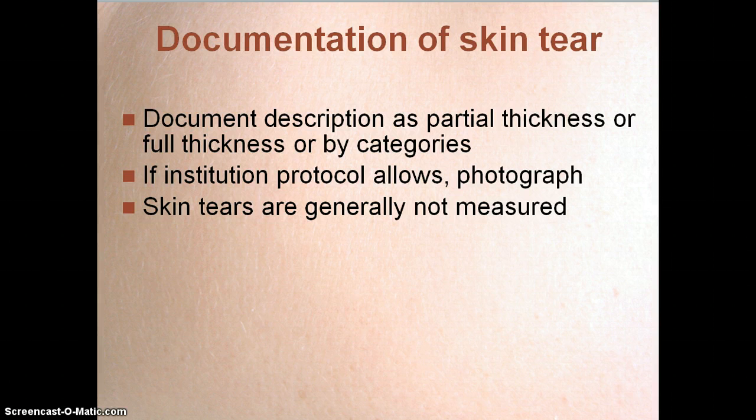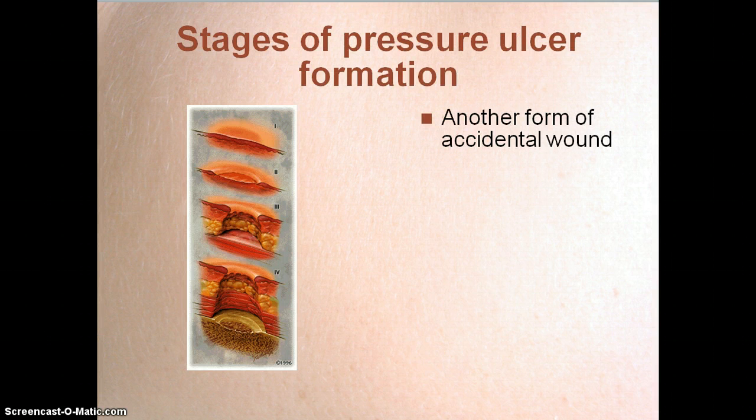We will be in class practicing documenting some of the different wounds. We will also in this unit be talking about the stages of pressure ulcer formation, and pressure ulcers or decubiti are a whole unit that we will be talking about. It's an accidental form of a wound, and they are staged 1, 2, 3, and 4, with stage 1 being a boggy area that we are watching and treating, because it will then open up to a stage 2.